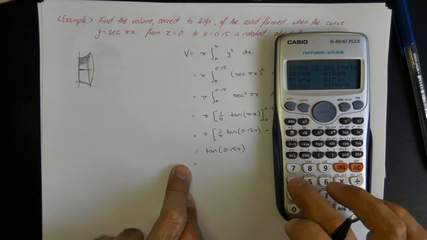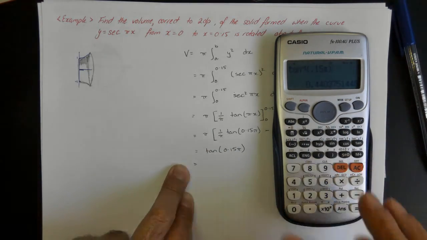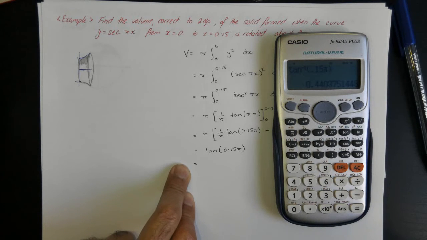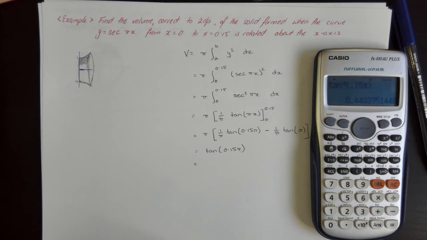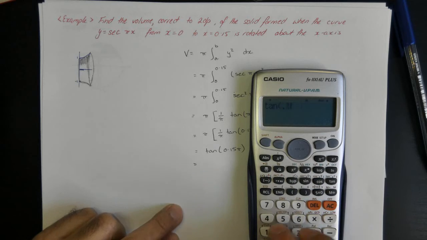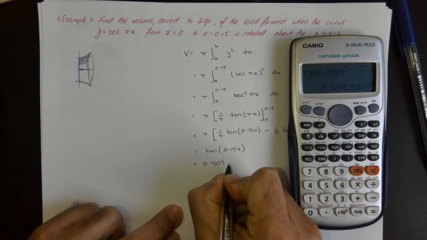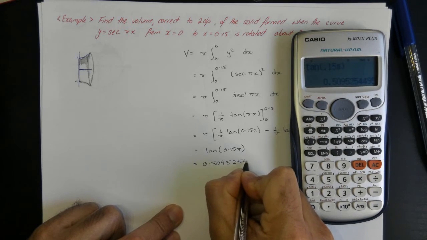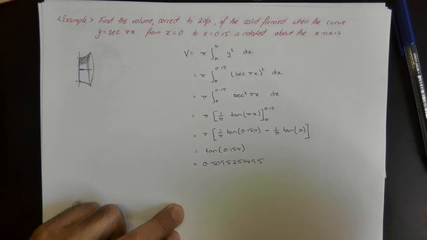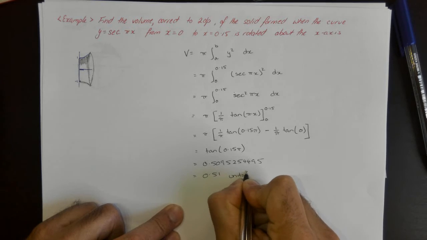Make sure you're in radians. Sorry, that's tan 0.15 pi, which gives us 0.509525445, and we want it to two decimal places, so 0.51 units cubed.